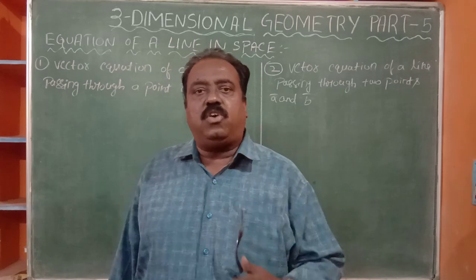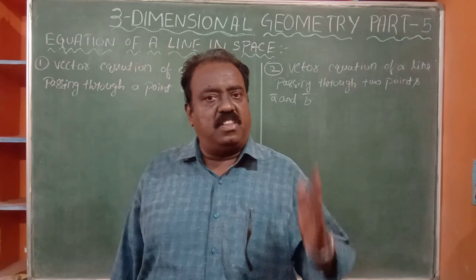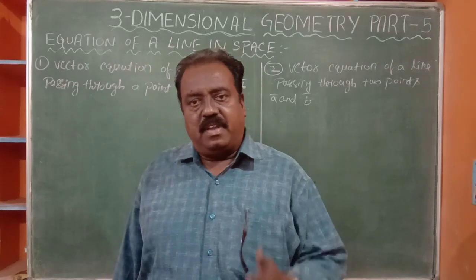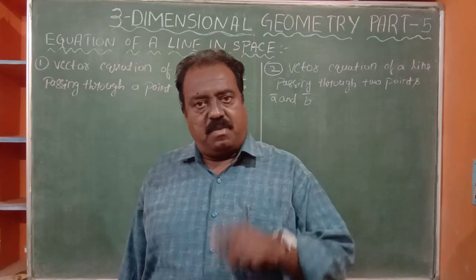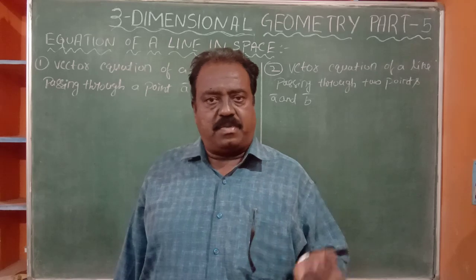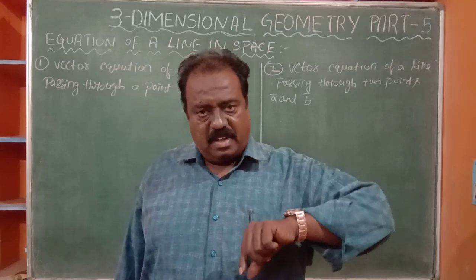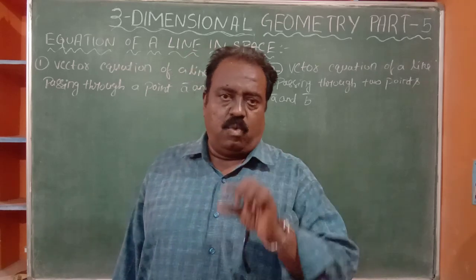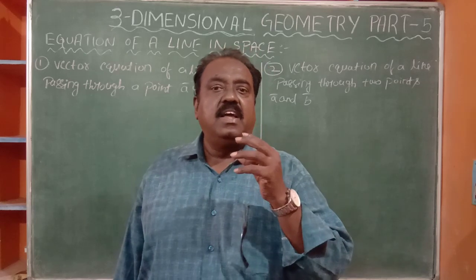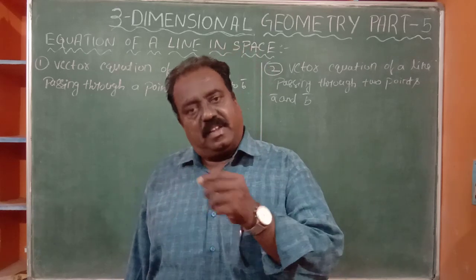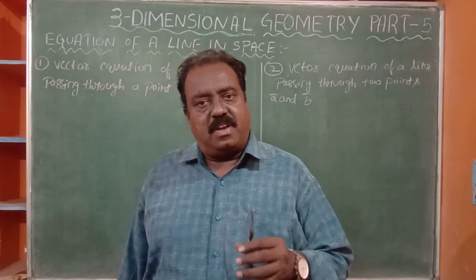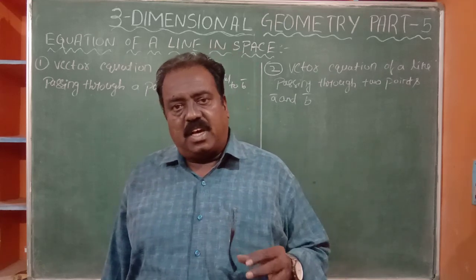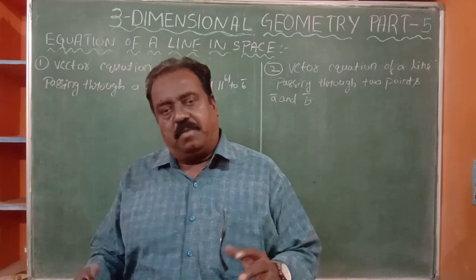Suppose a bar is equal to a1 i plus a2 j plus a3 k. For example, a bar is equal to i plus 2j plus 3k. The i coefficient is 1, the j coefficient is 2, the k coefficient is 3. Like that, 1, 2, 3 are the components of the vector in the vector chapter, whereas those components 1, 2, 3 are DRs in geometry.